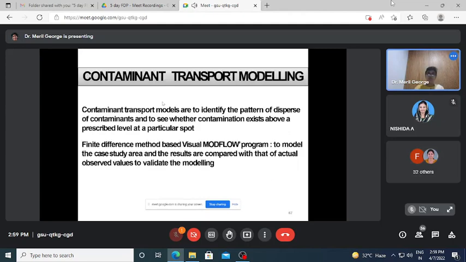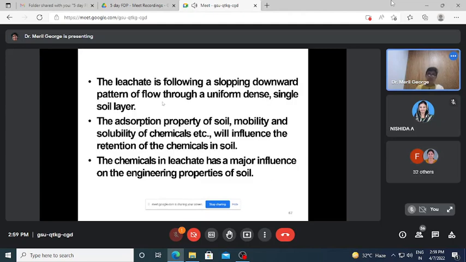So that was the conclusion of the experimental study on the two test soils treated with leachate, also used for the analysis of leachate flow through a single layer uniform dense soil.